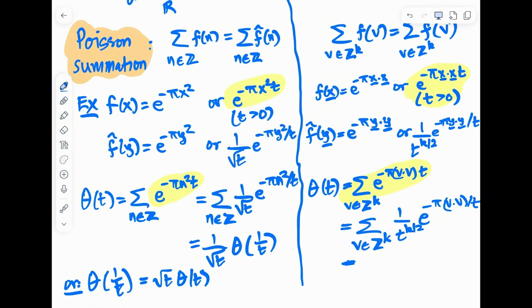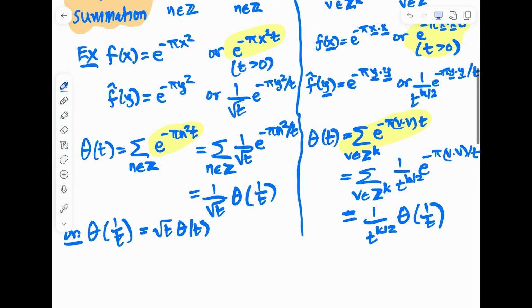So we get 1 over t to the k halves theta of 1 over t. Okay, so it's a natural generalization.